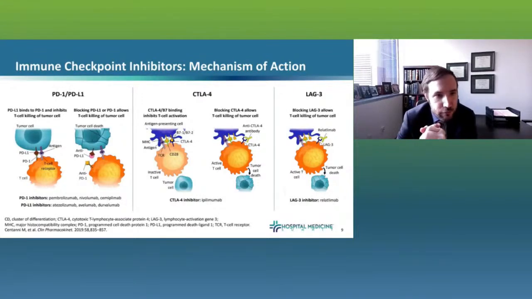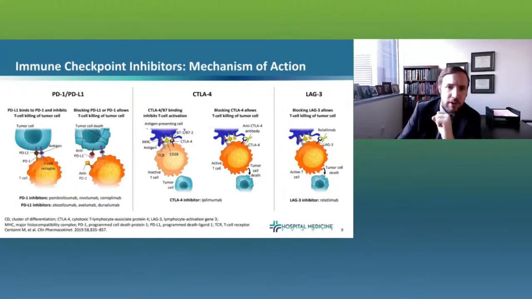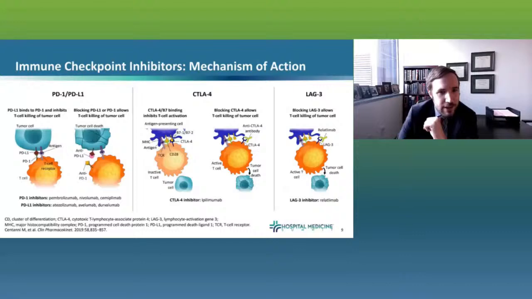Moving on to CTLA-4, as I mentioned, we always hear about PD-1 and PD-L1, but CTLA-4 was actually the first approval back in 2011 for melanoma. And without getting into the nitty-gritty of the entire immune system physiology, CTLA-4 essentially is described as a molecule that's higher up in the pathway.